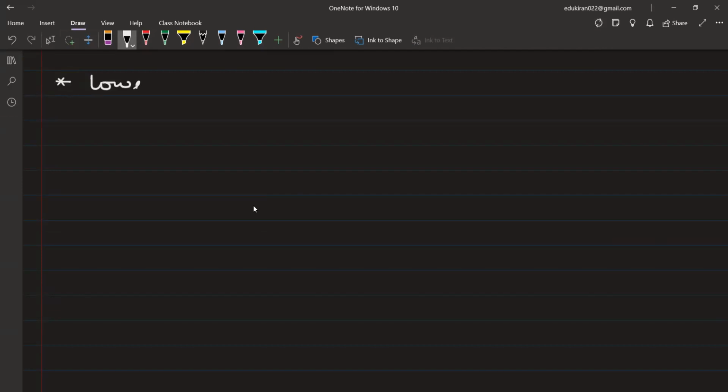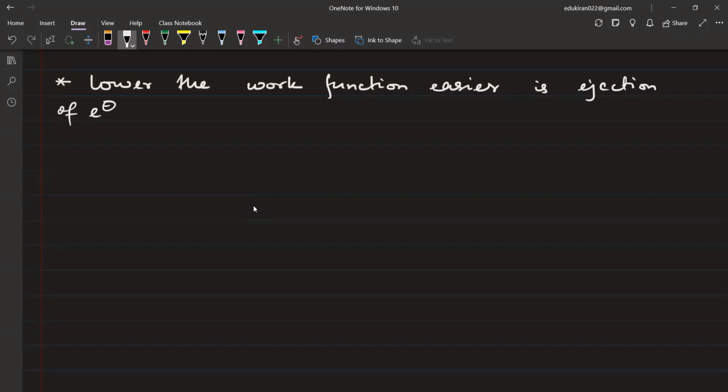Lower the work function, easier is ejection of electron. Now, next point is more important.